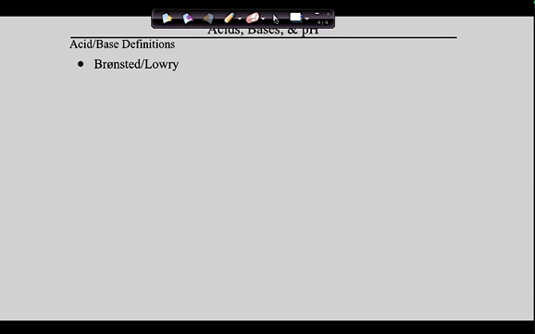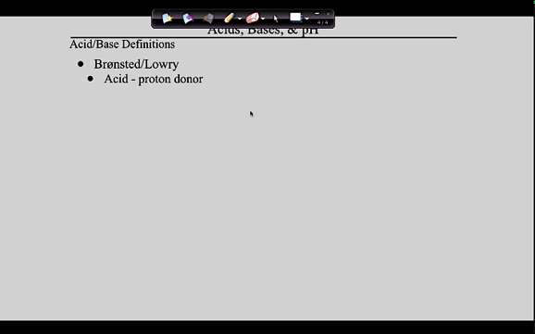Well, it turns out Bronsted and Lowry figured it out, and it goes like this. In the Bronsted-Lowry definition, acids are proton donors. They give away protons. Now here's what I want you to do: compare that definition to the Arrhenius definition.